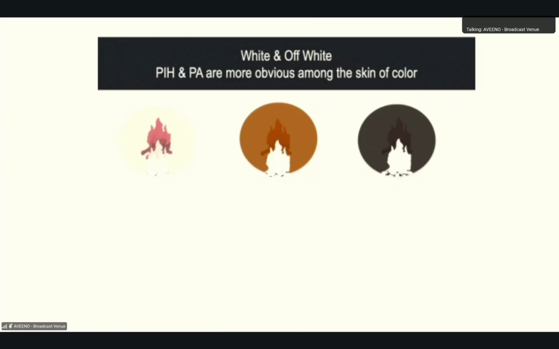Especially when they have hypopigmentation, it becomes very obvious among skin of color. Of course, fair skin might not complain much about hypopigmentation, but darker skin often complains of the not very homogeneous skin color over the affected area. And this is another common complaint: we have the so-called dirty neck syndrome.